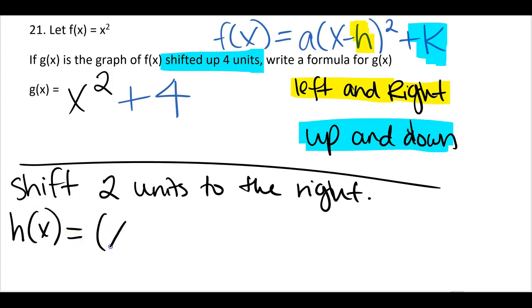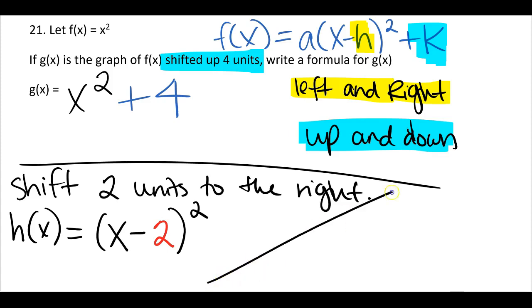So it would be x minus, and then if we're going to go to the right 2, that's going to be a positive 2, squared, but we're not going to go up or down any, so that would be your formula for taking f of x and shifting it to the right 2 units.